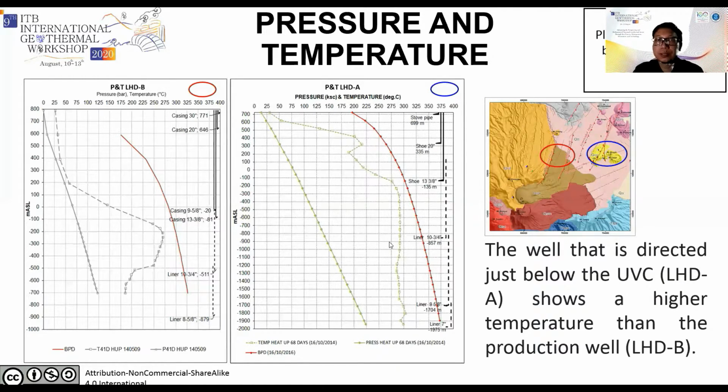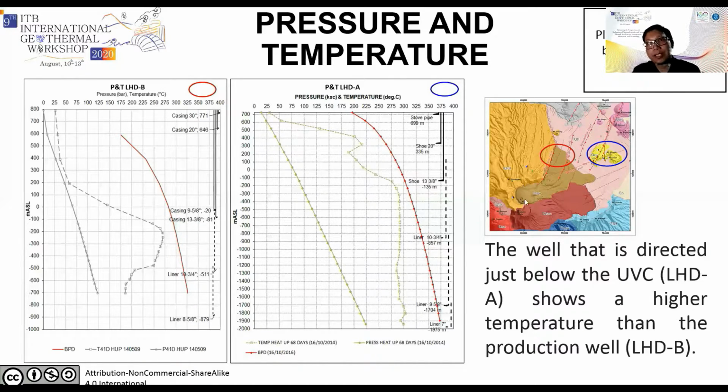The temperature in LSDA reaches up to 300 degrees C, and LSDA has a thick convective zone like this. Compared to that, the temperature in LSDB is around 250 to 275, and at the deeper part, we can see a reversal pattern like this.